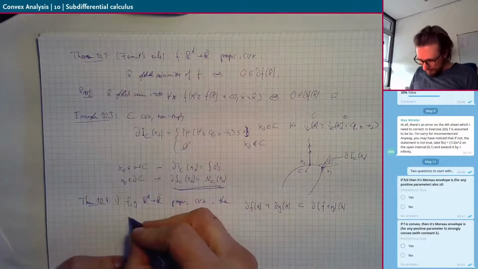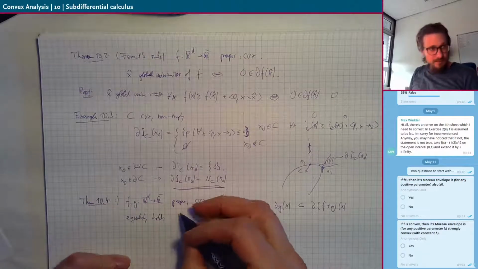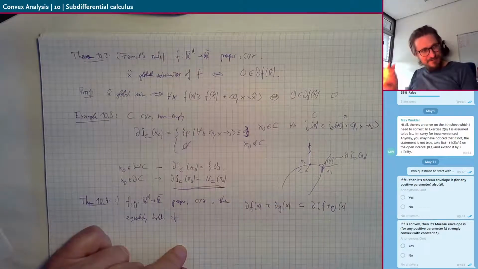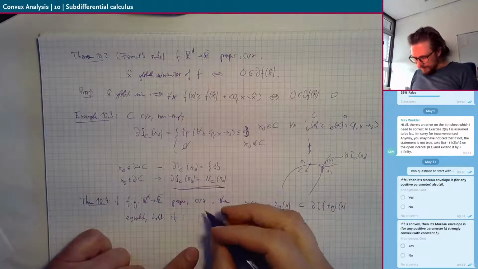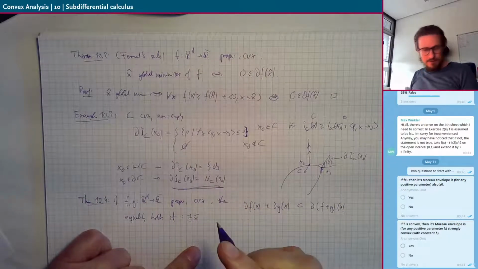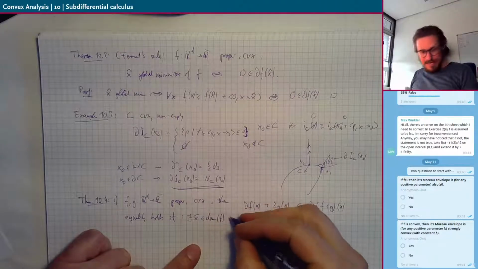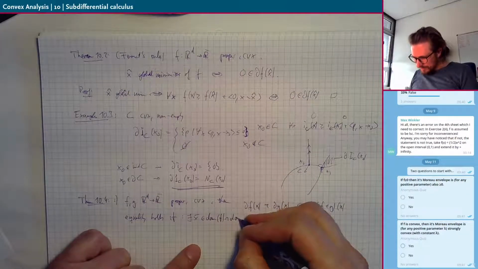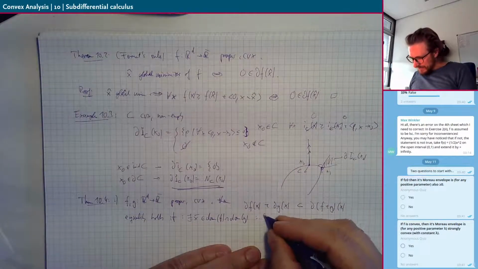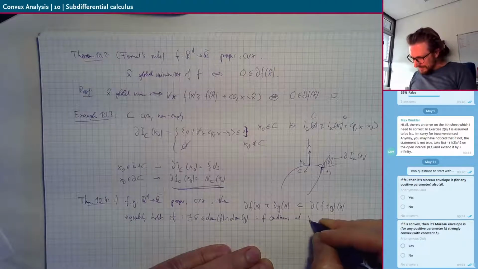And when does equality hold? It holds if, and it's not an if and only if, it's just an if, and this is very strange: there exists a point x bar which is in the interior of the domains of f and g simultaneously, such that f is continuous at x bar.